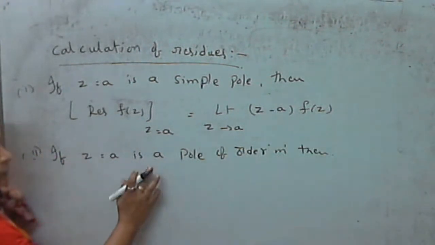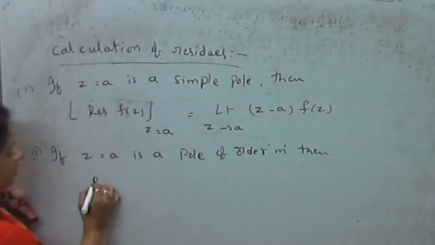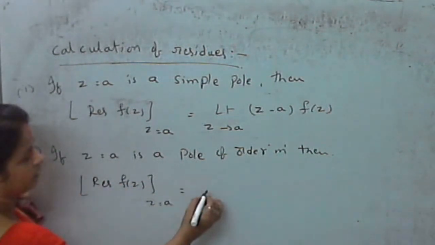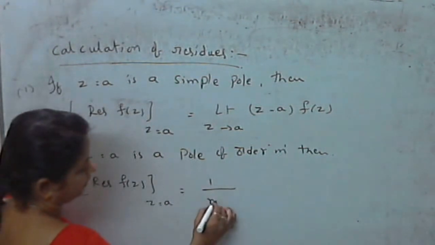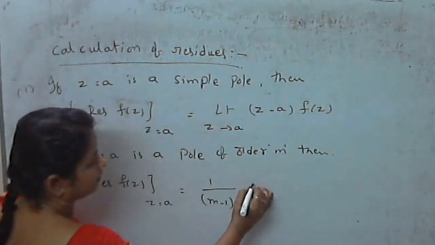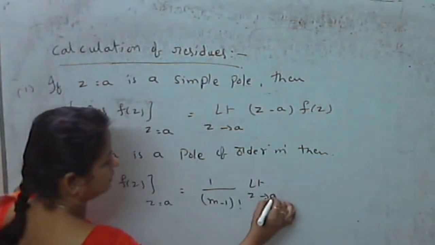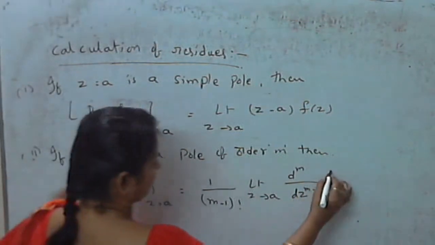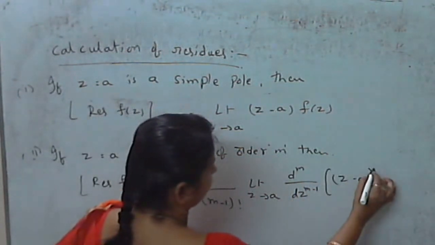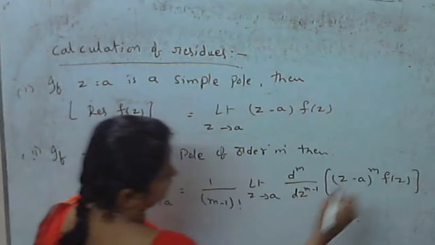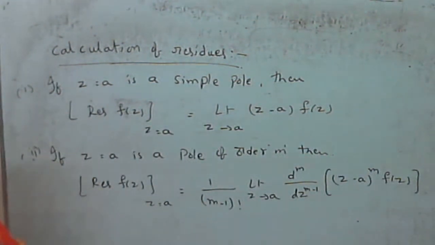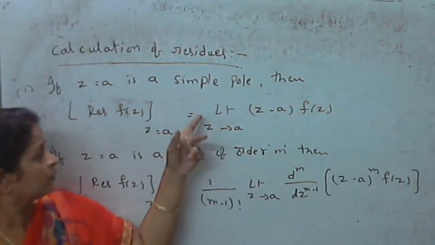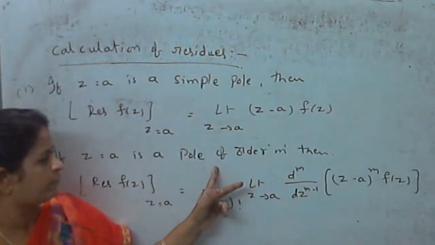If z equals a is a pole of order m, then the residue of f(z) at z equals a equals 1 by (m minus 1) factorial, limit z tends to a, d^(m-1) by dz^(m-1) of (z minus a)^m into f(z). So this is the formula in the case of a pole of order m.